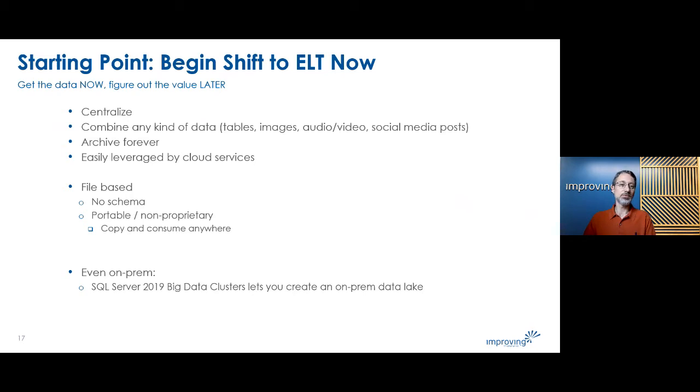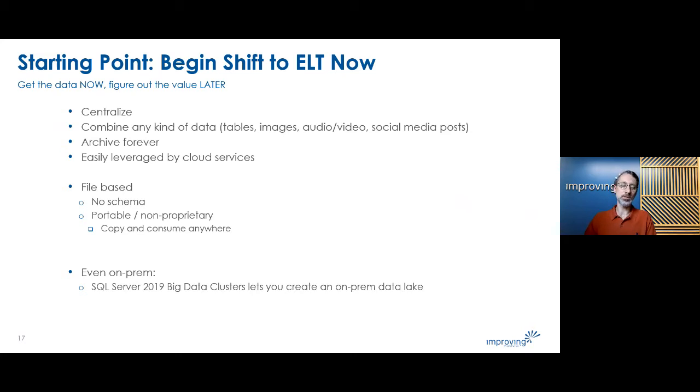Don't filter it, don't transform it, just get it, capture it, and archive it, and figure out what to do with it later. There may be value in certain sets of data that we are not extracting, and there may be value in historical data, which in 2 years' time, today's data will be historical data that we just don't know about yet. So let's capture all the data now.